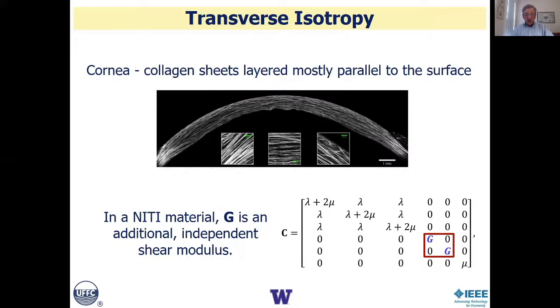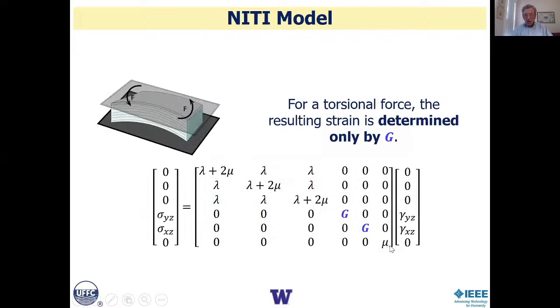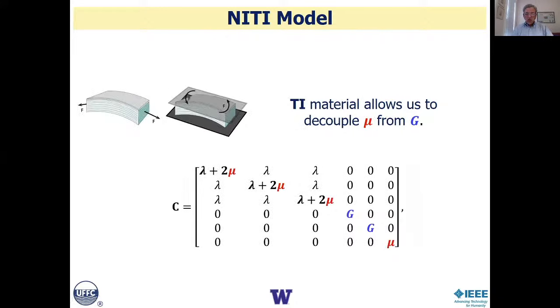So G is an additional independent shear modulus. For an incompressible material, the Young's modulus is given by the mu parameter. However, for torsional or shear force, it's given by G. So TI materials allow us to decouple mu from G.